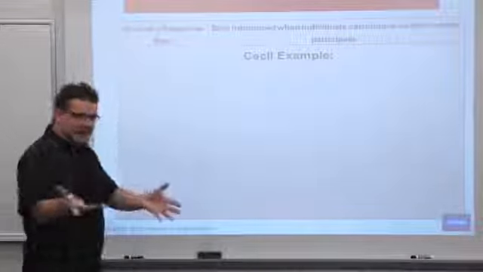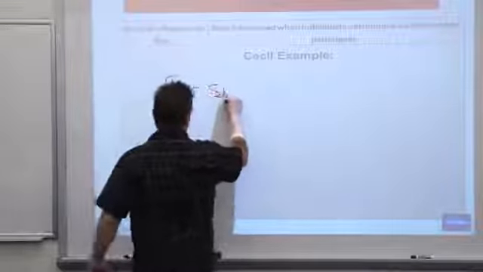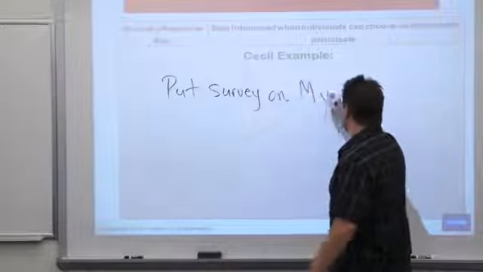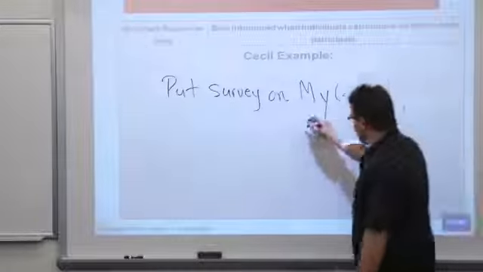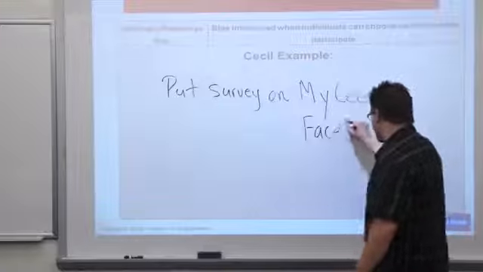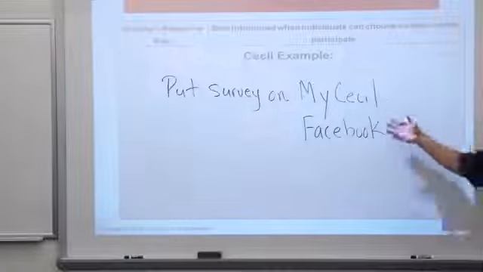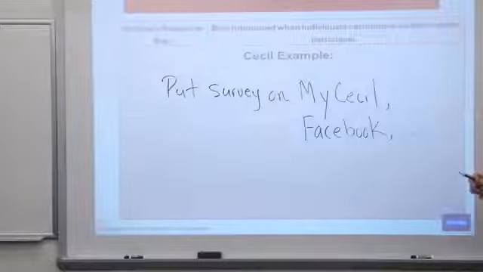What if I put a survey on my Cecil? Oh heck, social media too. We'll put it on our Facebook page for the college. And whatever else Cecil College is putting out there these days, Twitter, etc. Okay, we'll put a survey.